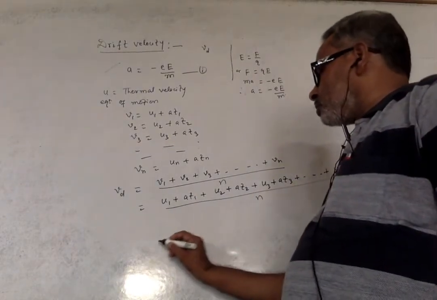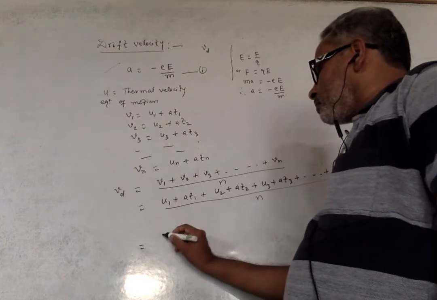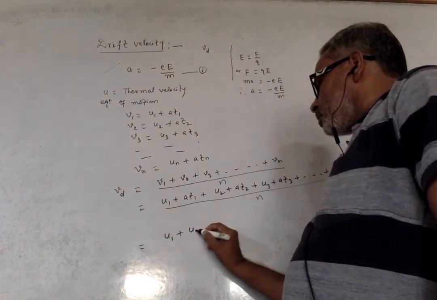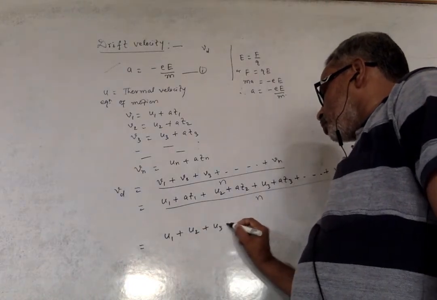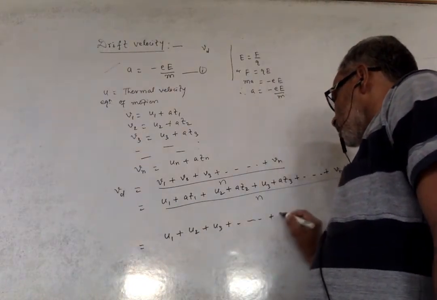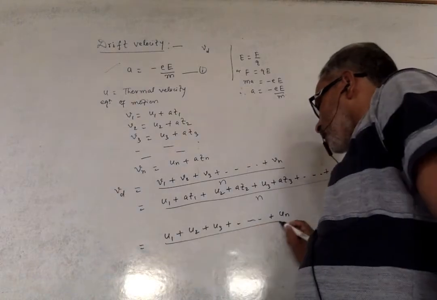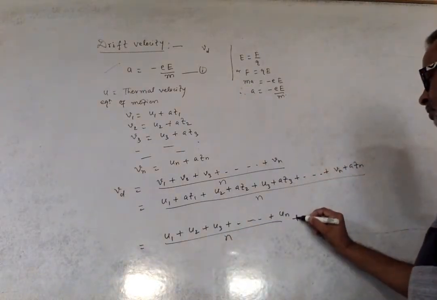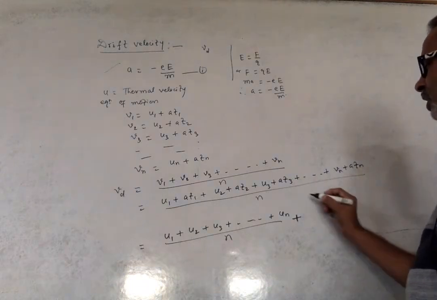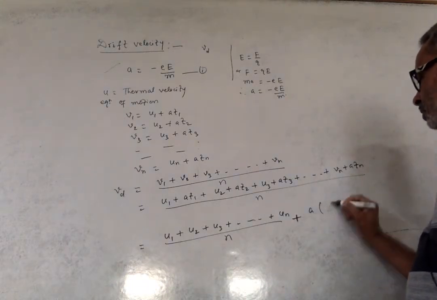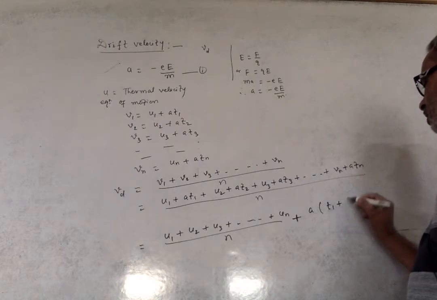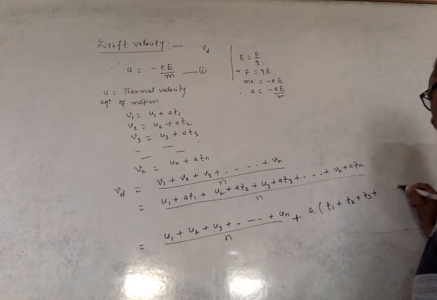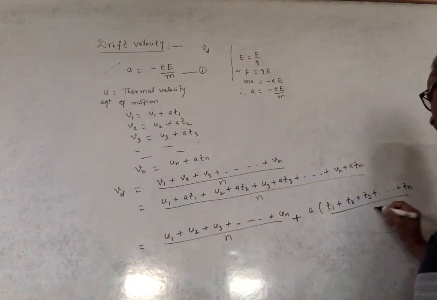Separating these two terms, the first term is the initial velocities u1, u2, u3 plus un by n. The second term, taking a common, is a times t1, t2, t3 plus tn by n.